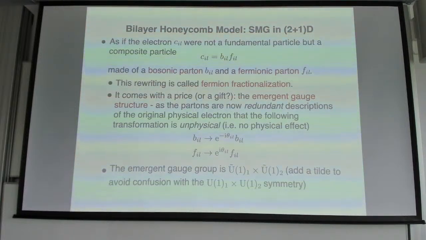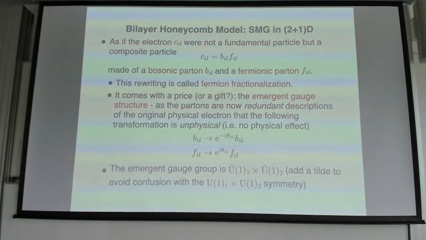This rewriting is called fermion fractionalization because you fractionalize the original physical fermion. It comes with a price, or maybe a gift. The gift is basically the emergent gauge structure. Because if you look at this expression, this B operator, you can go through a gauge transformation, meaning that you can perform a U1 rotation on every site and in every layer independently to this B operator by rotating this phase angle.